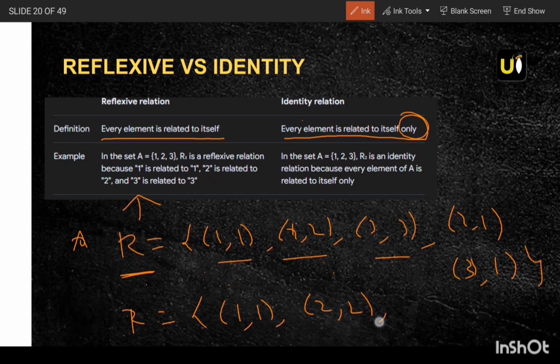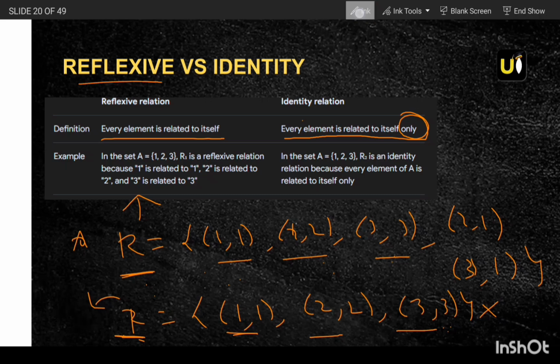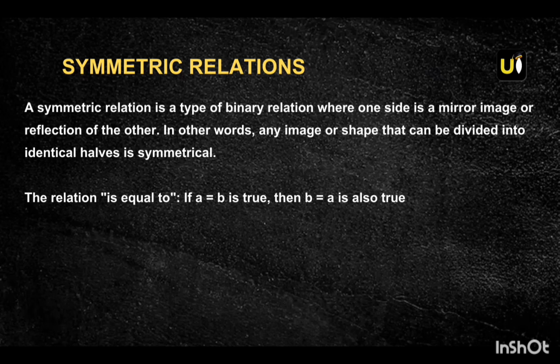Only 1, 1, 2, 2 and 3, 3 must be the relations. In the relation set, only the elements mapped to themselves may be present. If you have any extra element, then that is not an identity relation. That is the difference between reflexive and identity.